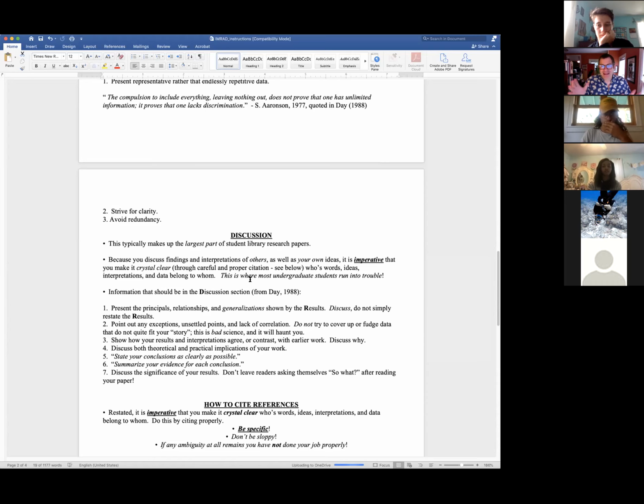And in this part of the paper, you do have the freedom to speculate somewhat, as long as the speculations can be linked back to your data in some series of steps. You want them to be consistent, but you don't have to be overly concerned.